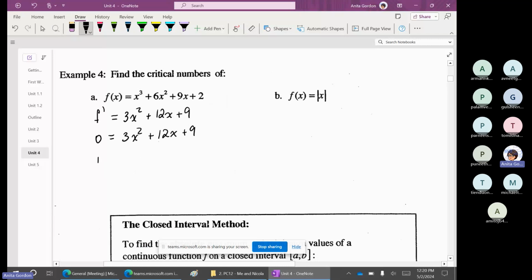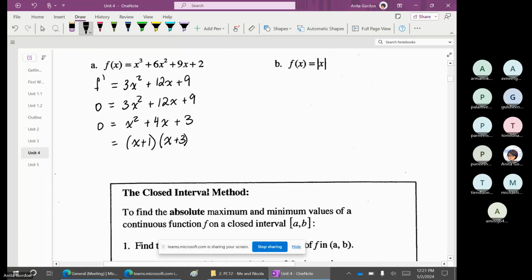So I can divide everything here by 3. And hopefully we can agree that (x plus 1)(x plus 3) is what we end up with. So this is telling us that x equals -1 and -3 are our critical points.